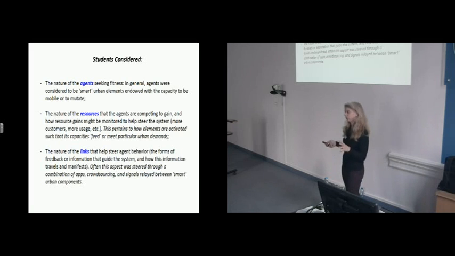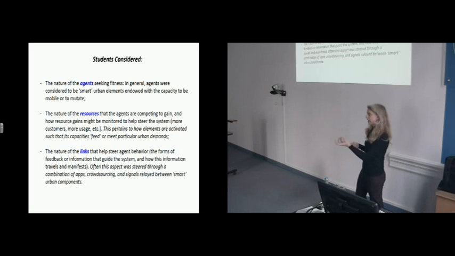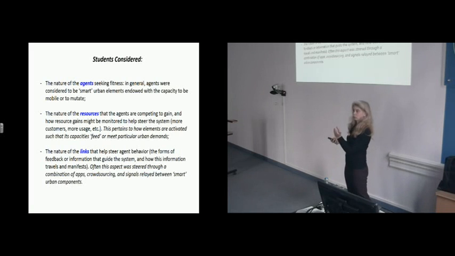That issue of smartness was considered differently, but often they have sensors or they are tied in with apps or something that allows them to both receive and deploy information, but also something about the nature of how the urban systems are designed that allows them to be mobile or to mutate.